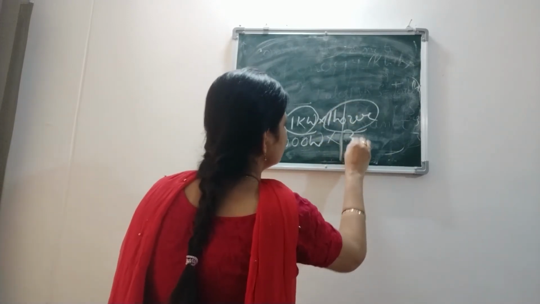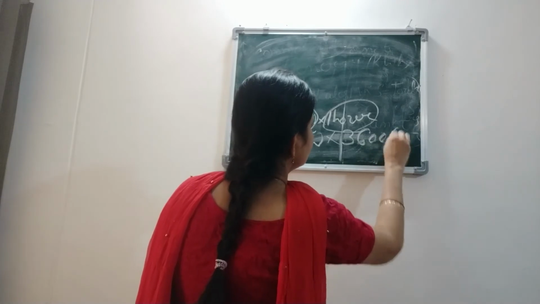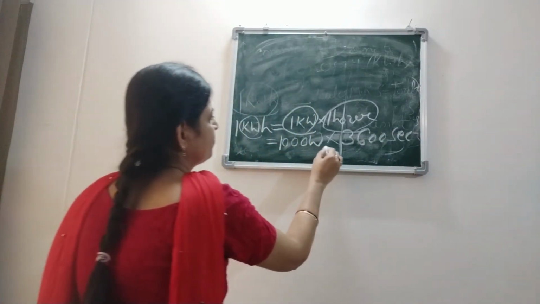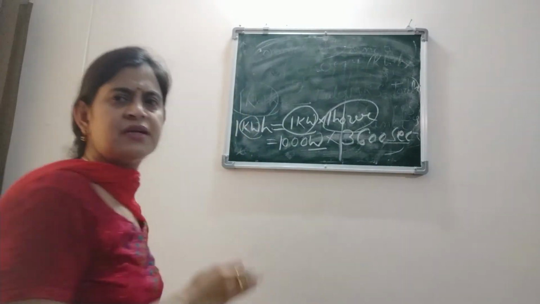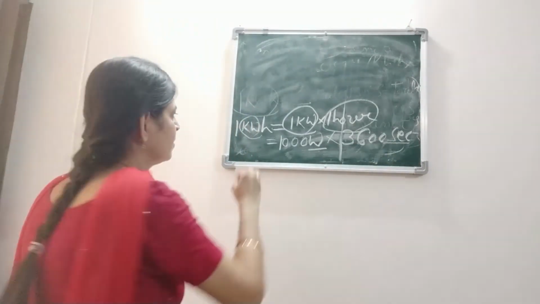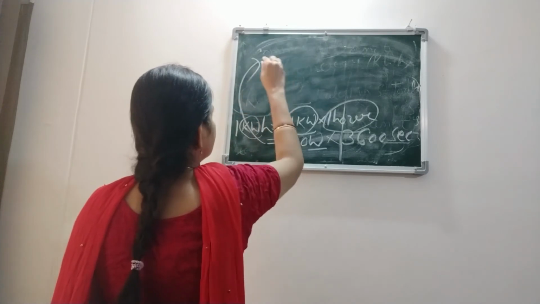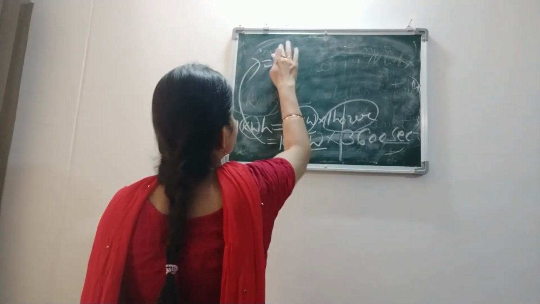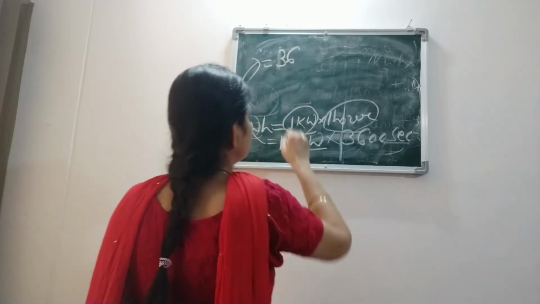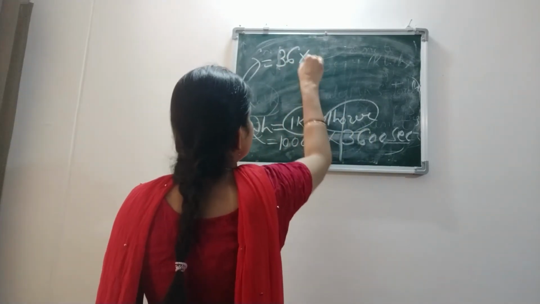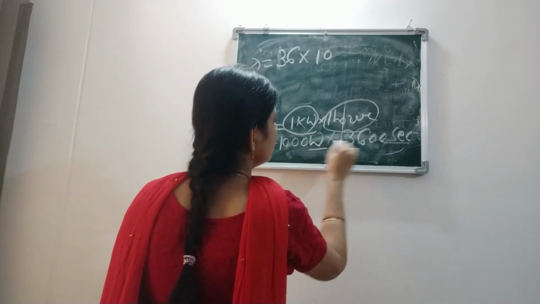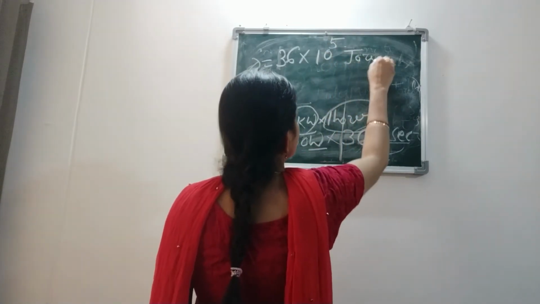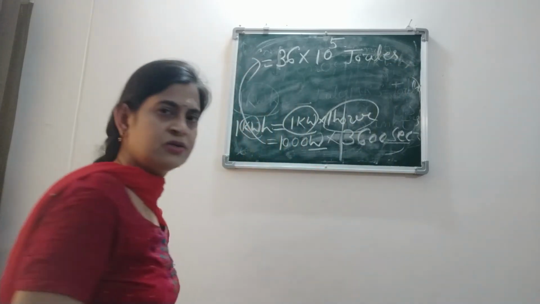1 hour is equal to 3600 seconds. So if we multiply watt second, that is equal to joules. So that is equal to 1, 36, we can multiply directly. 36 into 10 to the power 5 joules.